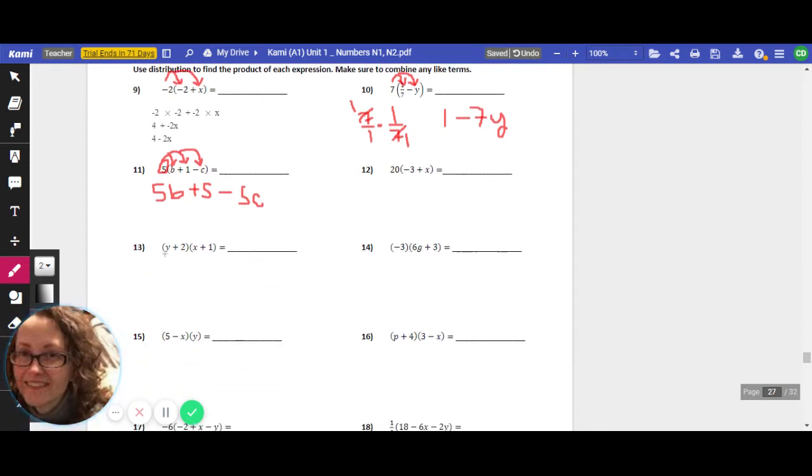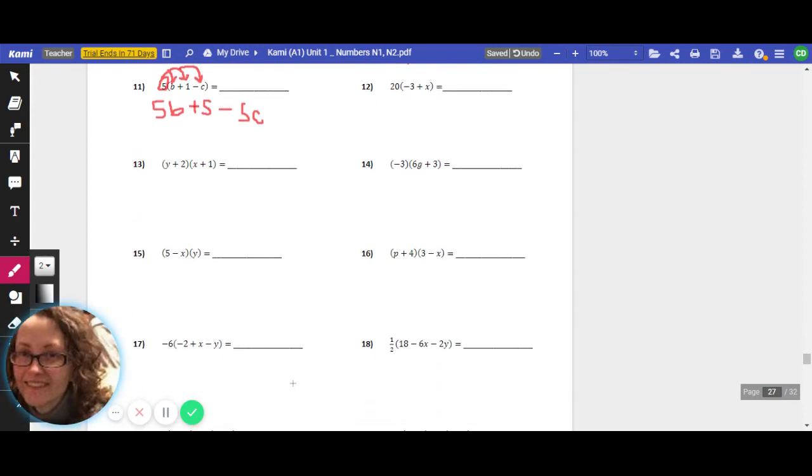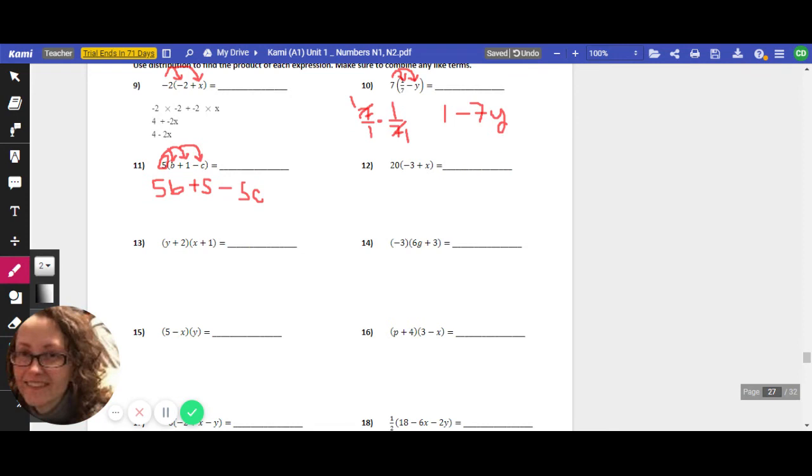Now we are going to look at some of these problems in either our Google Meet or in class the next time we meet. But for number 13, let's go ahead and take a look. Now, instead of just one term up front, now I have 2 terms inside one parenthesis and 2 terms inside another parenthesis.